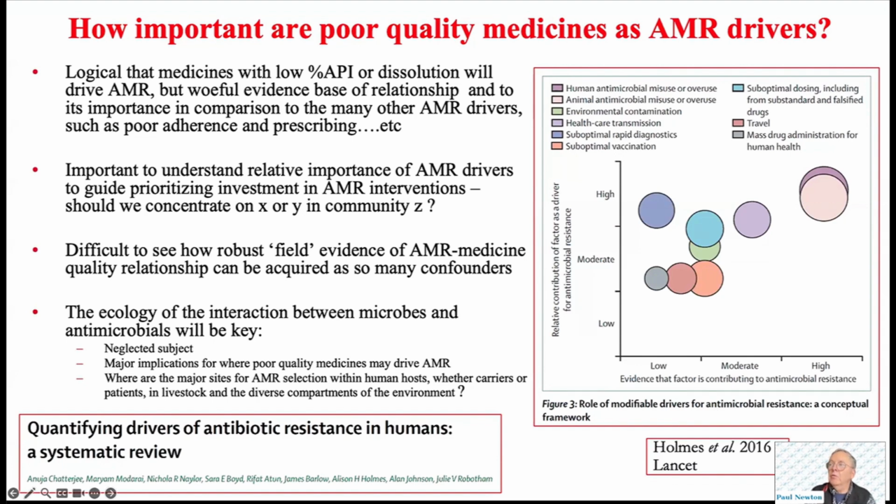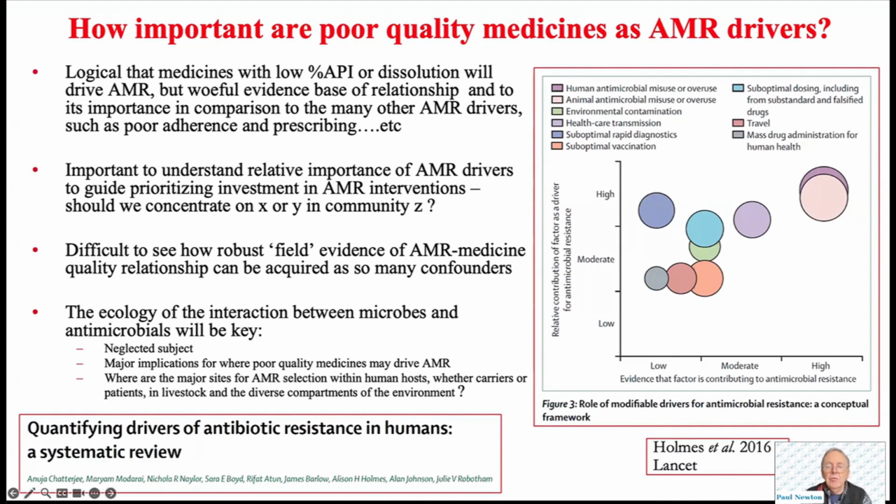Alison Holmes and colleagues wrote a paper in the Lancet trying to look at the different drivers of antimicrobial resistance, and suboptimal dosing, which includes substandard or falsified medicines, is the light blue circle in the middle. So there is low to moderate evidence that it contributes to AMR, but a moderate risk of it contributing as a driver.